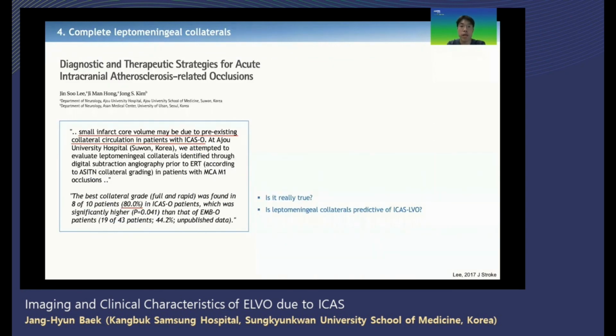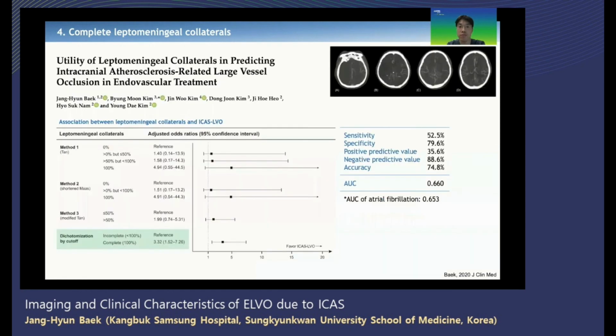The fourth finding is the status of leptomeningeal collaterals. Physicians have believed that a kind of chronic ischemia such as ICAS makes the leptomeningeal collaterals robust. And in one small unpublished data, patients with ICAS LVO had better leptomeningeal collaterals.